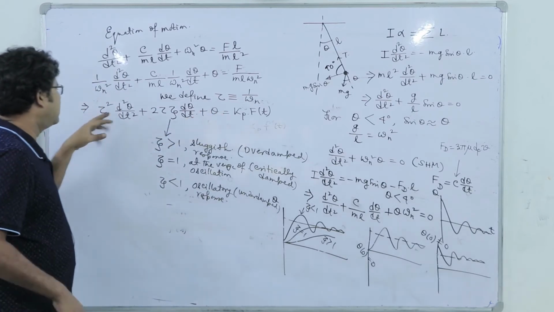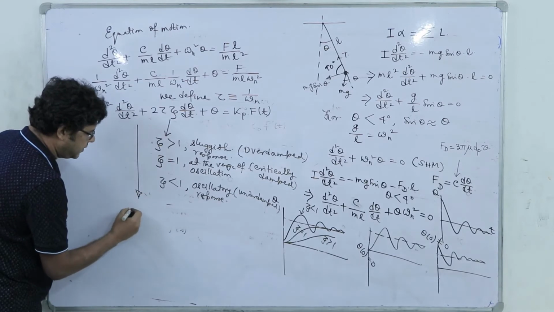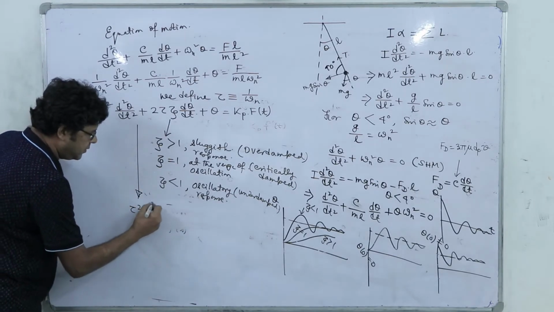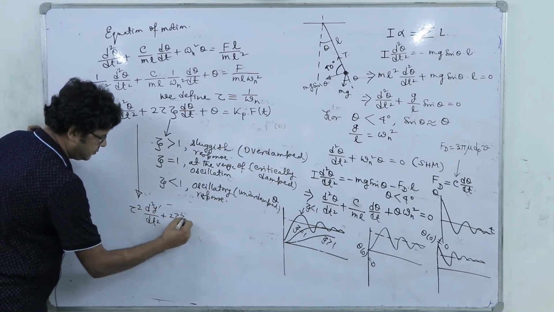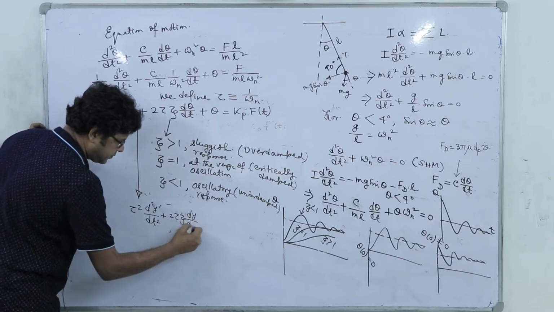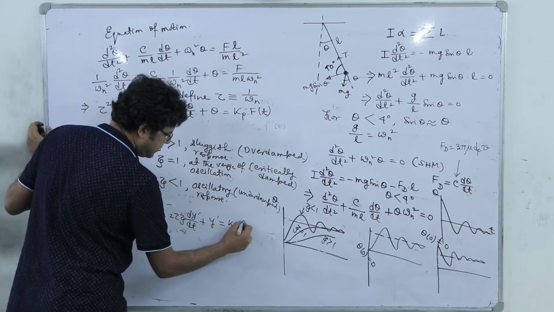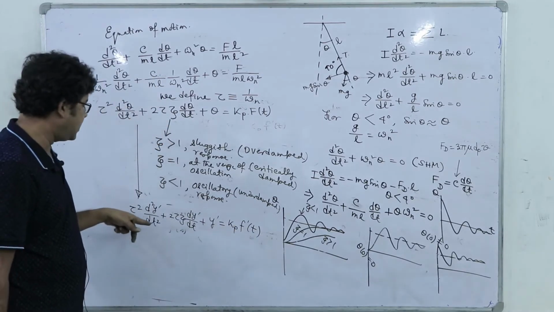So, in general we will be replacing this theta and we will write the general differential equation for the second order system as this. What we have originally written, right.